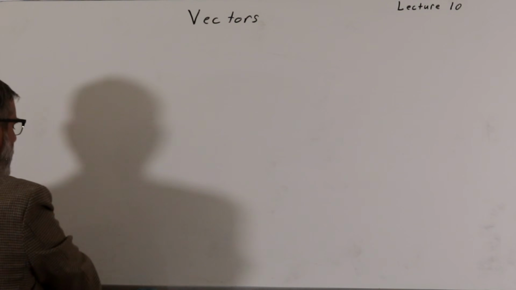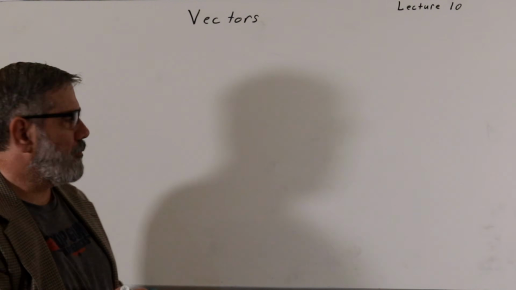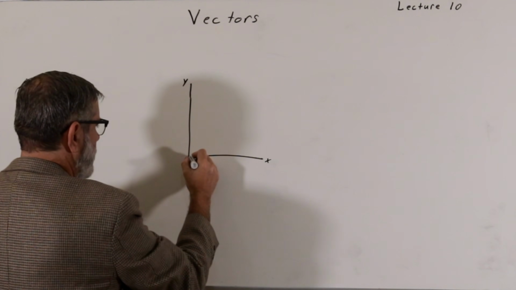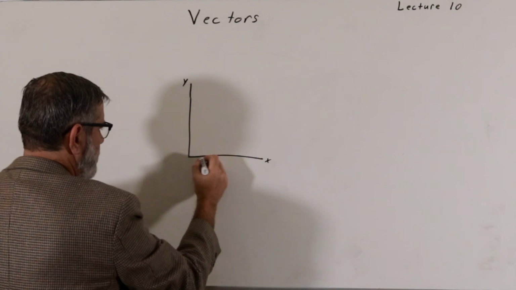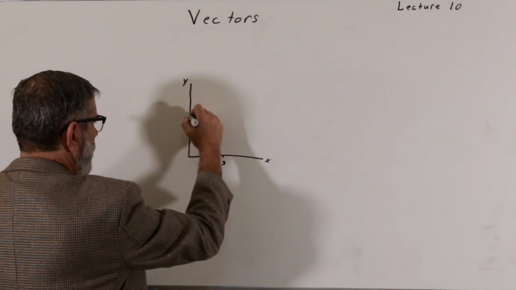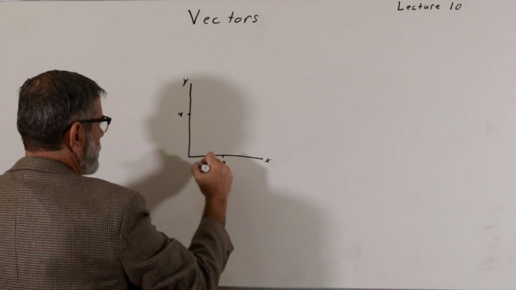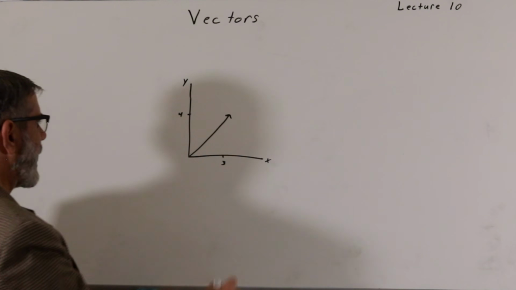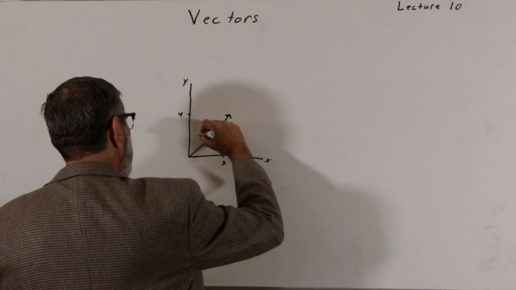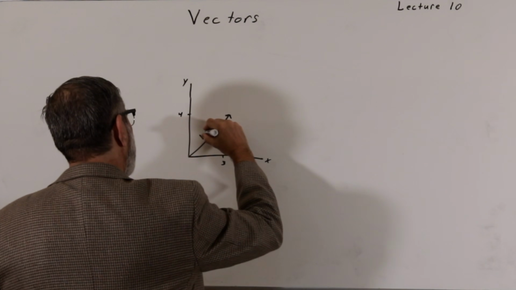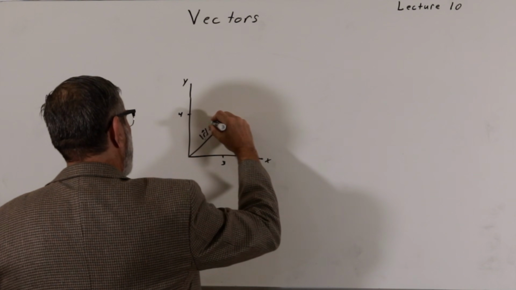What we'll do instead is work with vectors in terms of their components. Call this y, and we'll call this x. If I have a displacement that takes me 3 units along the x-axis and 4 units along the y-axis, then I find myself with this vector here. Now, what is the magnitude of this vector? The magnitude, which I'm going to call r since this is a displacement, is equal to 5.